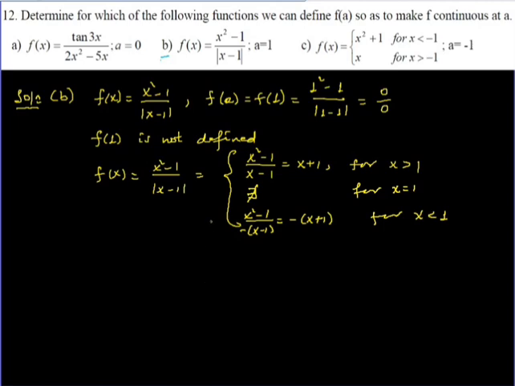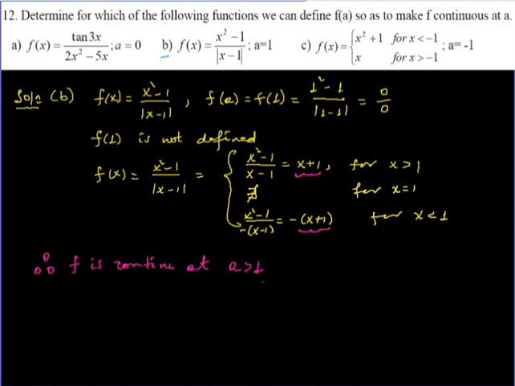Okay, we can explicitly write this function in these pieces. Now we can observe each of them separately. It becomes x plus 1 for x greater than 1, and the negative of x plus 1 for x less than 1. So each of these is continuous because every linear function is continuous. Therefore we can write like this: f is continuous at any a value greater than 1.